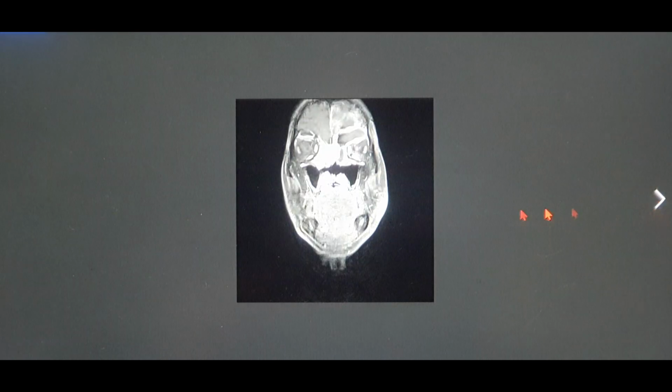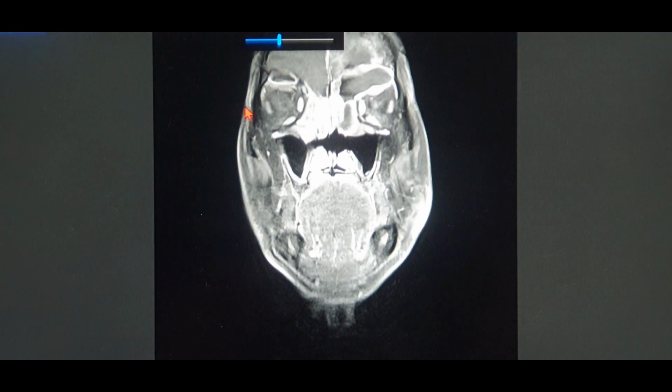So moving on further, if I can just zoom this for you guys. Okay, so this is the lesion over here. This is still the T1 post contrast, and as you can see, on the left side over here we have a peripheral enhancement. As we saw some time back, a mucocele and the antrochoanal polyp on MRI post contrast T1 will have a peripheral enhancement and a central hypointensity.